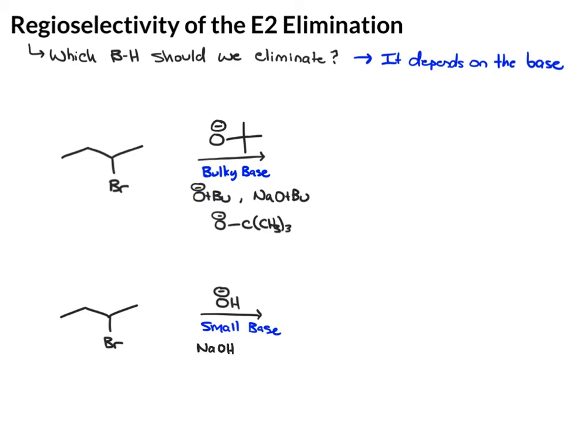And just to give you some other small bases to be aware of, you could have things like OCH3 minus, NH2 minus, other amines. There's ethylamine, even other oxygen bases. Really, for our purposes, anything other than tert-butoxide we'll consider a small base.